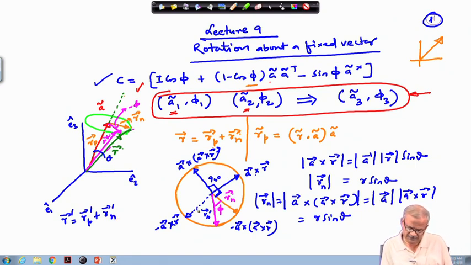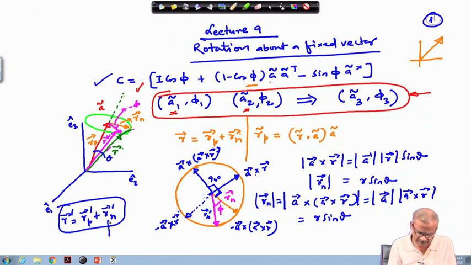Here this is nothing but your r prime normal. This vector of minus a cross r we have already shown here, and this is our r prime n. Now the new vector consists of this one.